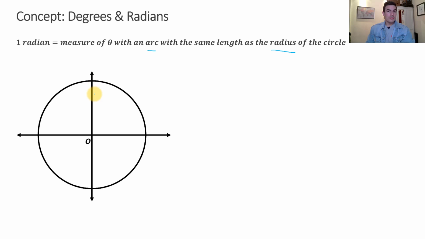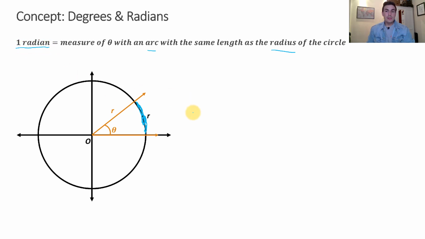So if I have our circle here, 1 radian is going to be this angle measurement when this arc, the arc of this angle measure, is equal to this radius right here, from the origin to my circle. When that value is equal to my arc length, that is how we define 1 radian.